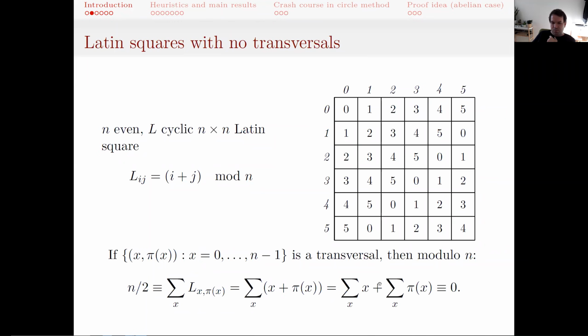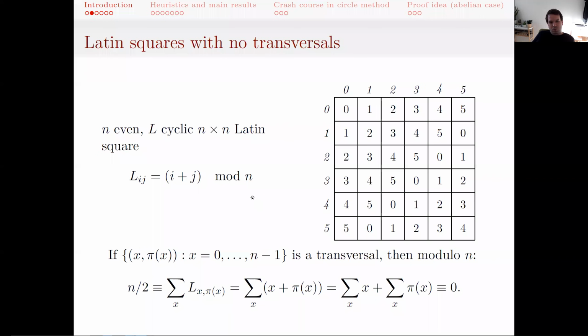And then this is equal to the sum over x of x plus the sum over x of phi of x. But these phi of x's are again just all the numbers from 0 to n minus 1 in some order, and as we've already said, each of these sums is equal to n over 2. So that means that in total, this is equal to 0 modulo n. So there cannot be such a bijection phi.